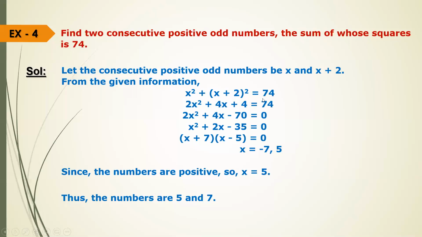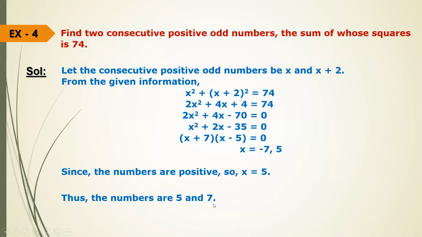The second mark will be for making the equation by taking the squares. The third mark will be for getting the correct equation after solving this, meaning opening the whole square, collecting the like terms, and transposing to the left side. And the final mark will be for the answer.